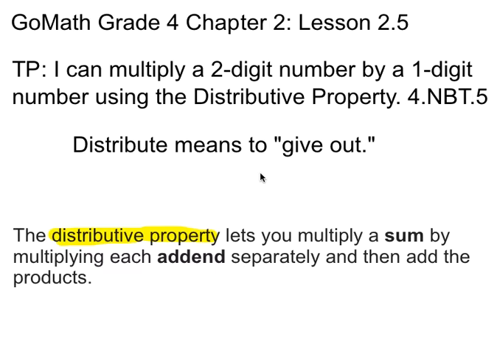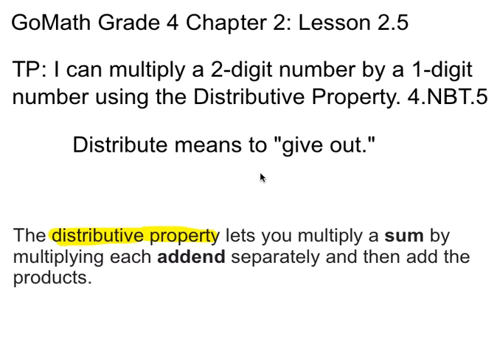So let's just take this word distributive. It comes from the word distribute, which means to give out. The definition below that I'm about to read to you does sound confusing, but I promise when you see some examples, it's much easier to do than to memorize the definition.